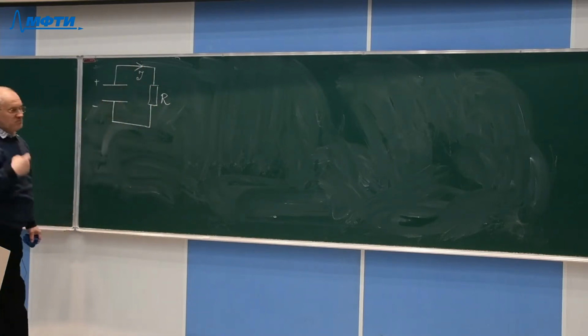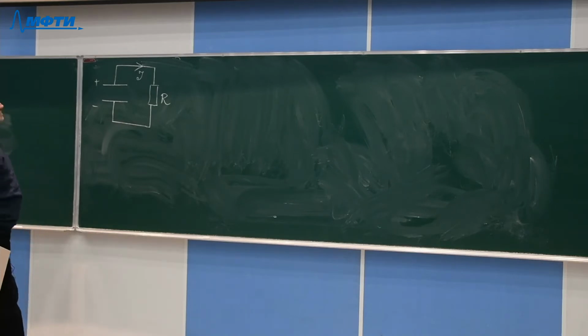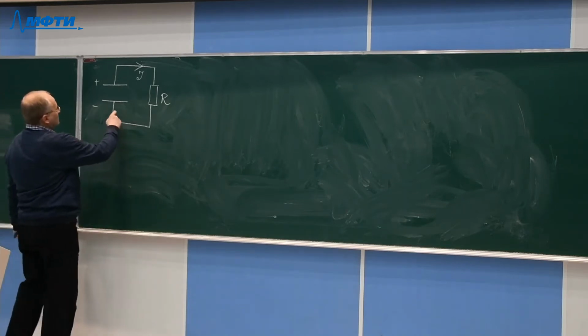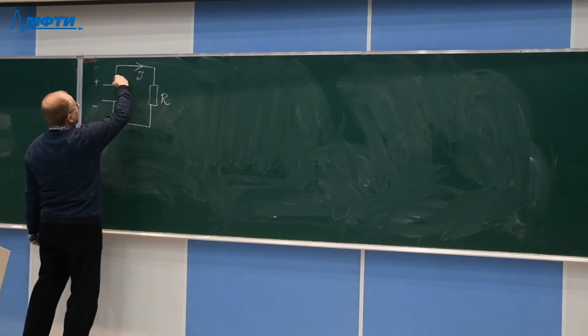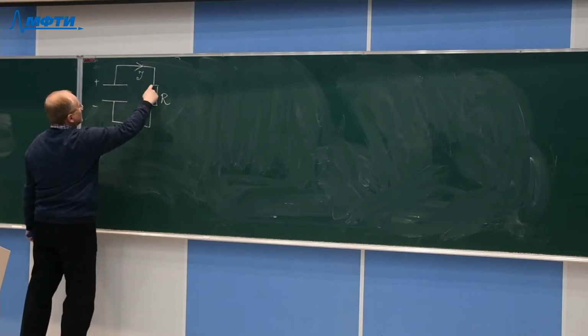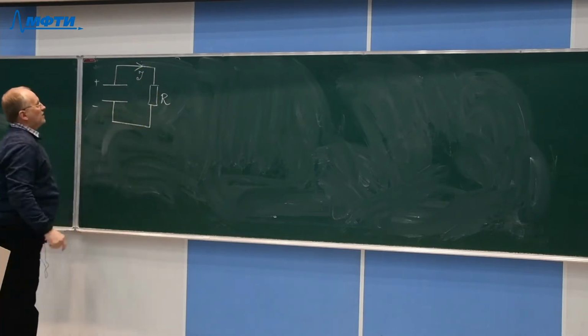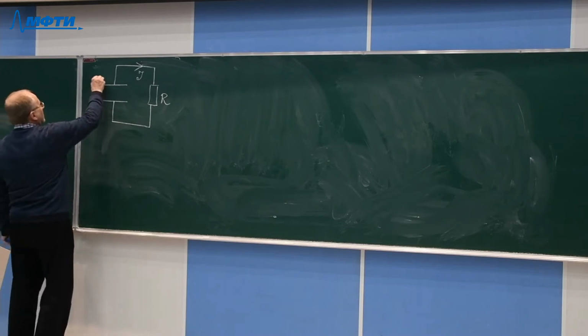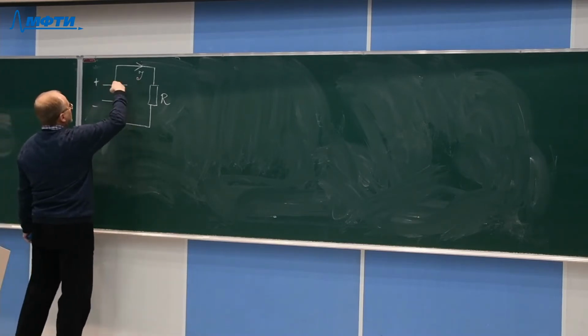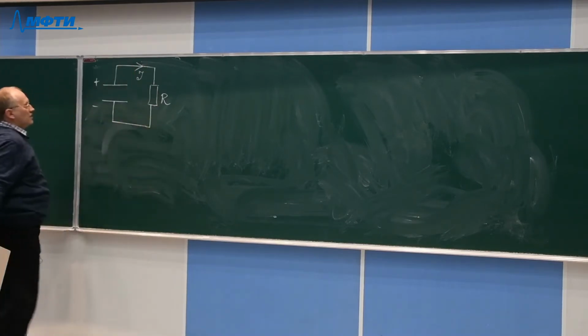But in some particular metals, the current is created by the motion of holes, positively charged particles. And so the positively charged particles will move in this direction. Well, it doesn't matter what kind of current carriers we have. We always assume that the current flows from positive to negative potential.